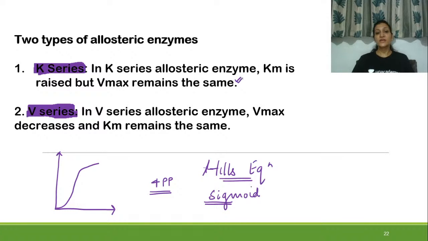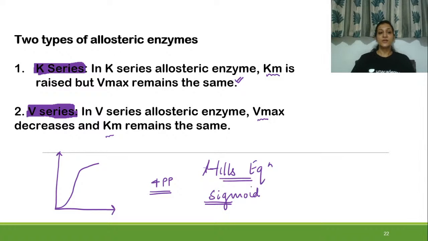In K series allosteric enzymes, Km value increases and Vmax remains the same. And in V series, Vmax will increase and Km will remain the same. So the name is given on the basis of what it is altering. In K series, it is related to the Km value, and in V series, it is related to the Vmax value.